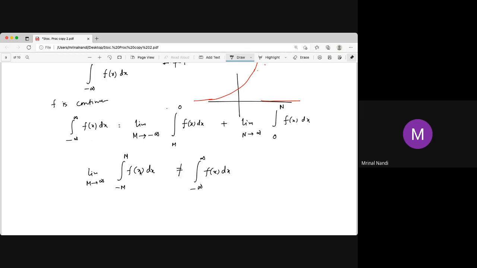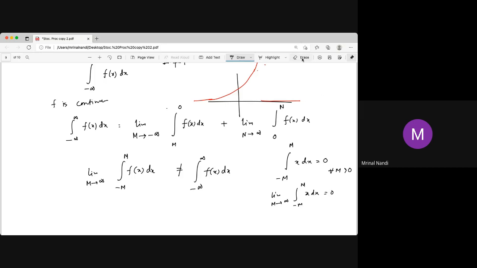But for some improper integrals, the Cauchy value may exist, while the actual improper integral may not exist, because individually those parts may not exist. Like if you integrate x from minus m to m, this is 0 for all m. If you take the limit as m tends to infinity, this goes to 0.